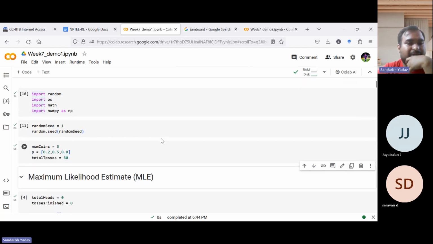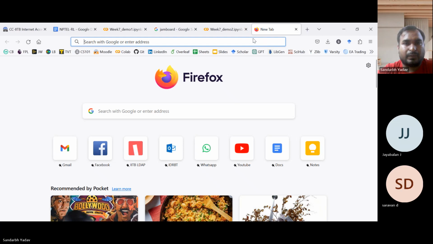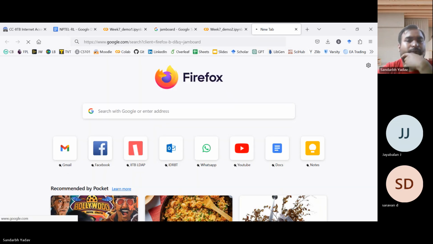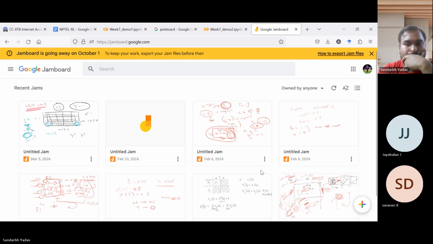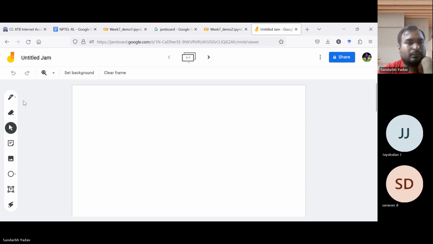So in MLE estimate, first is maximum likelihood.